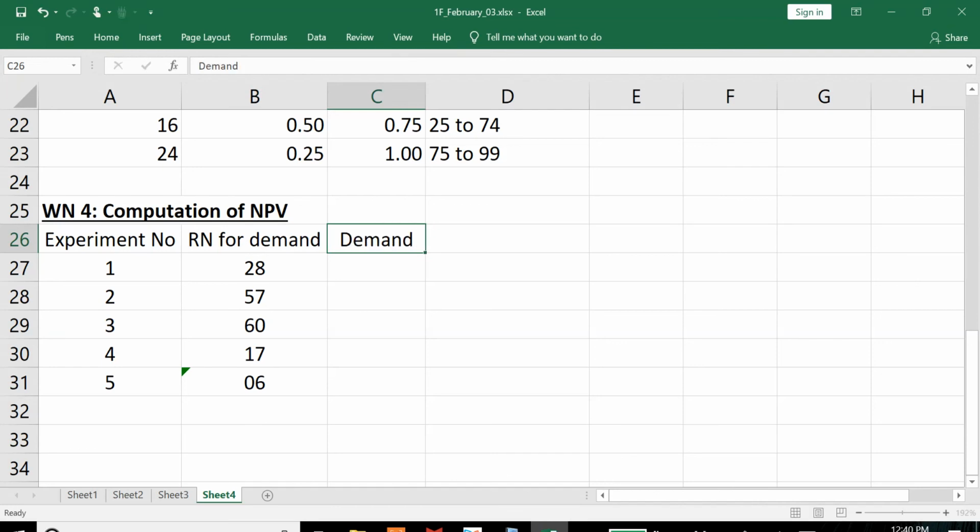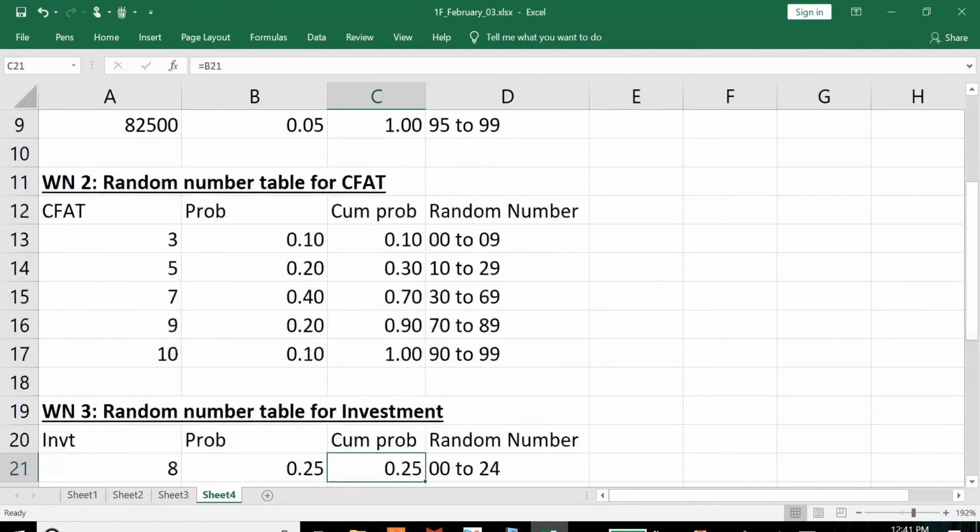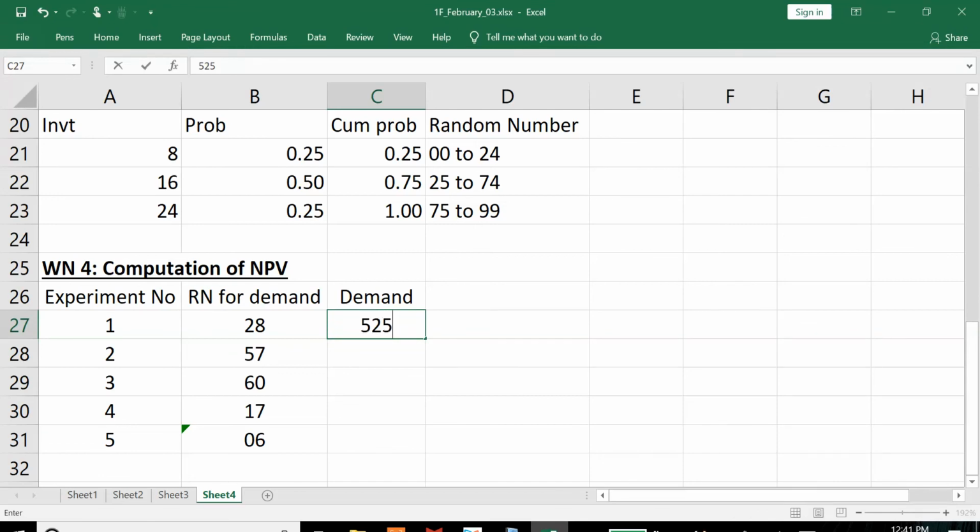Go to that random number and tell me, 28 means what is the demand? If I go to 28, I find it as 52,500. 57 means how much? 60 means again 60,000. 17 means how much?